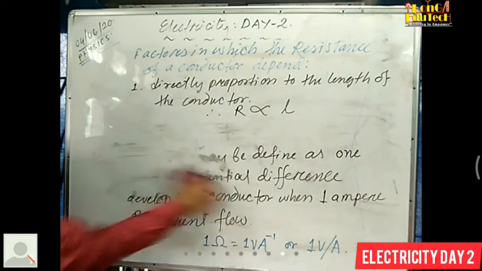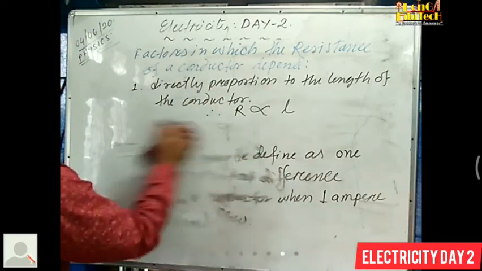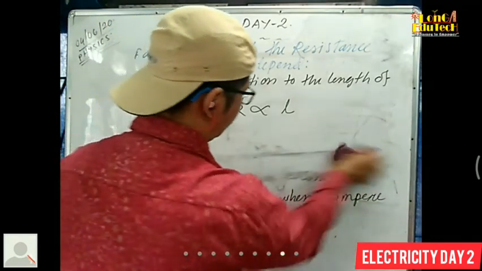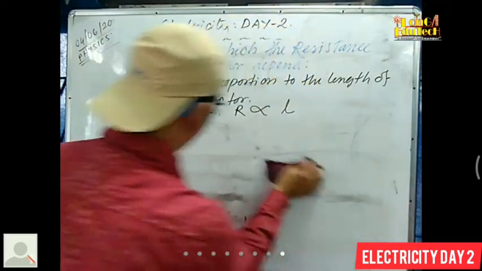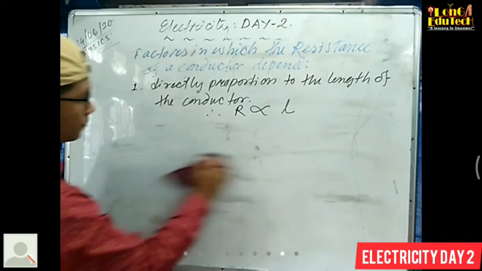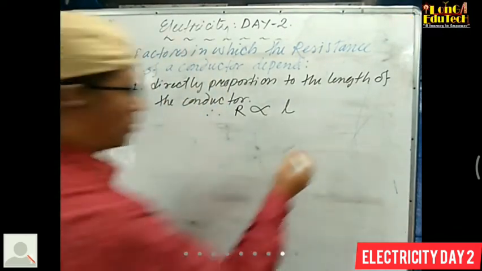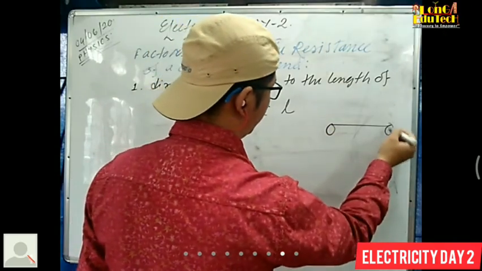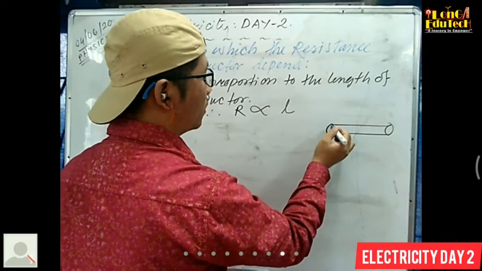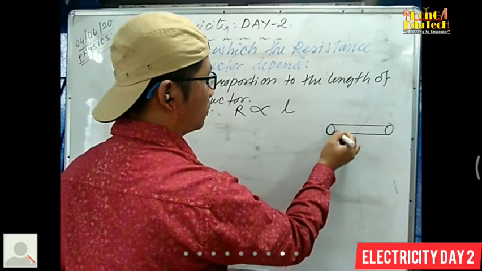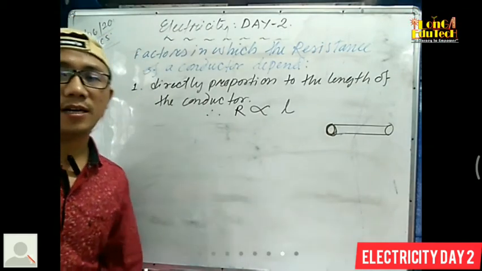And in number 2, the resistance of the conductor is inversely proportional to the area of the cross section of the wire. So this is the wire, and the area of the cross section of this one will be in the shape of a circle, isn't it?